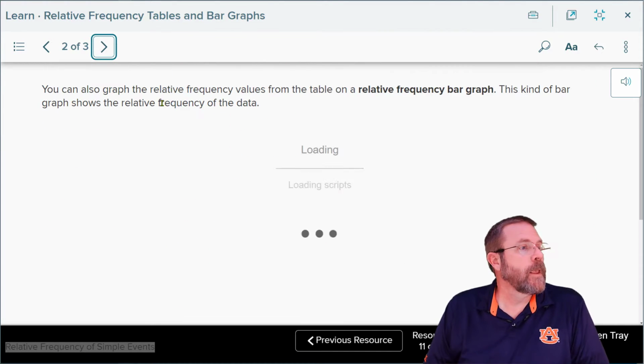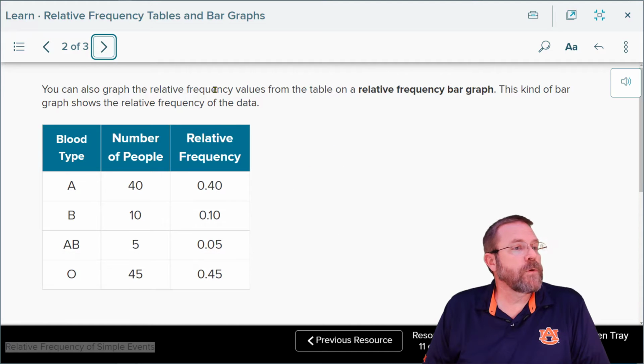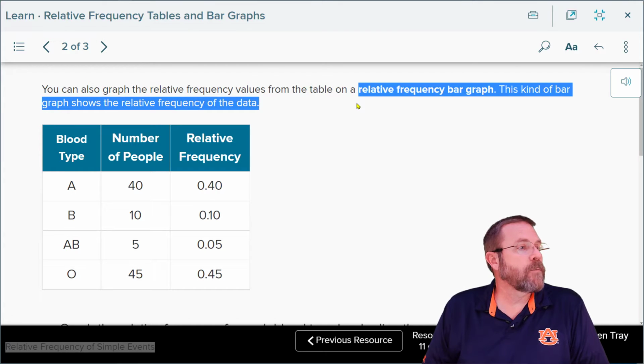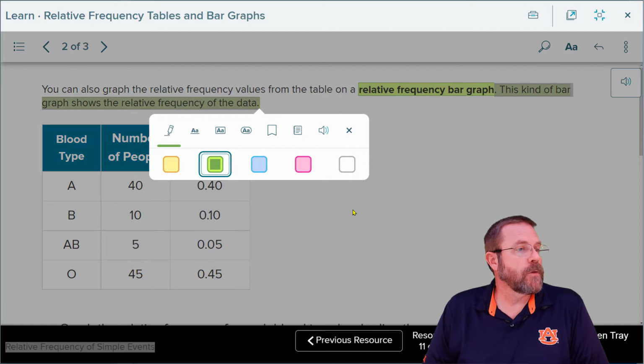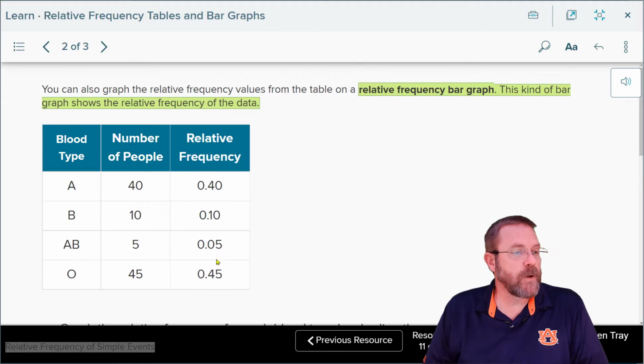You can also graph the frequency values of a table on a relative frequency graph, and this is a kind of bar graph that shows the relative frequency of the data. So now we've got our decimal values here, and they went ahead and made the tenths into hundredths, so everything's kind of the same.